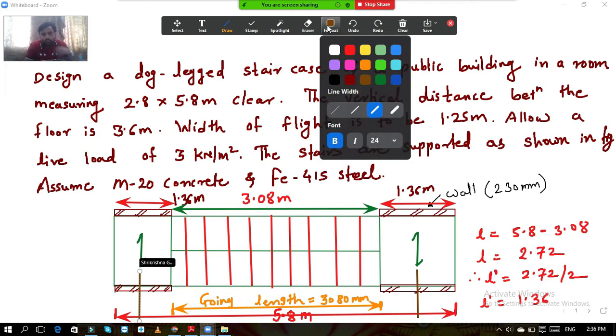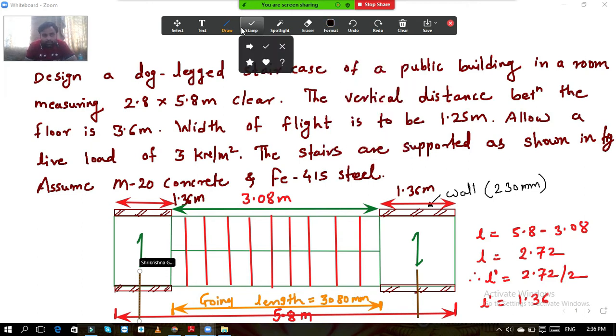So now if I write, this is your x, this is also x, this side it is y, this side it is y, and this going length is nothing but it is g. So what is the effective span now? We need to calculate the effective span.